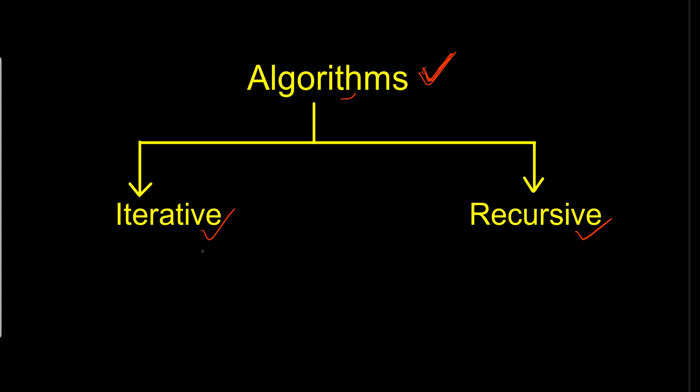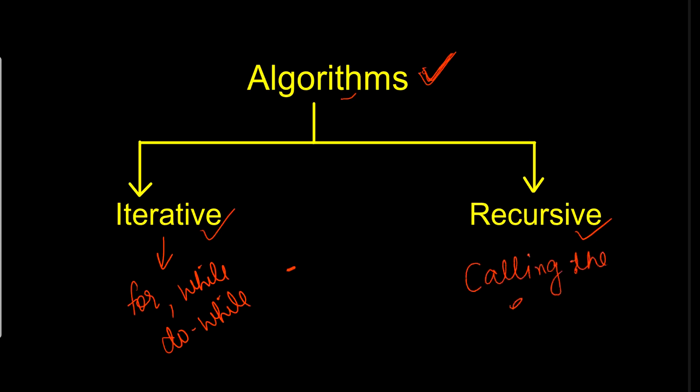They both solve the problem. But if we talk about analysis, in iterative we make use of for loop, while loop, do while loop for solving the problem, whereas recursion is for calling the function, where a function will call another function.